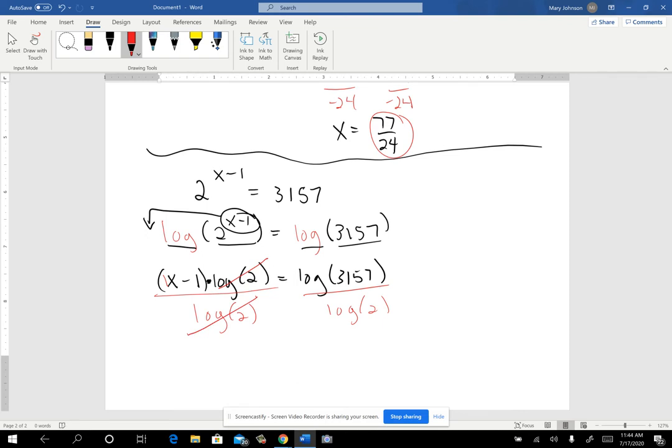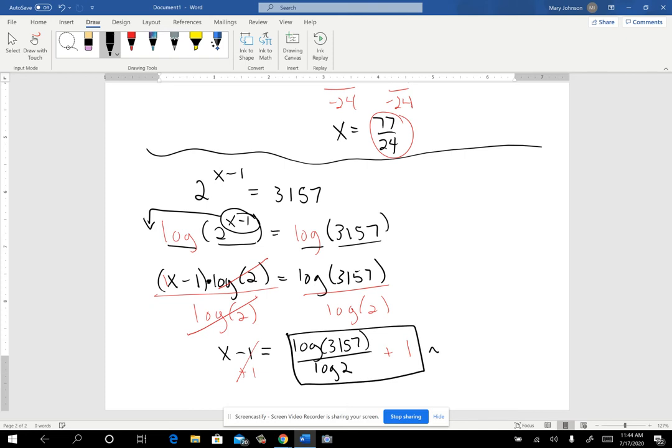You can't just do that. So don't cancel those out individually. It's not the right thinking. So we get x minus 1 equals log of 3157 over the log of 2. And then to finish it, I'm going to need to add 1 to both sides. Okay? And then that'll give me my answer. So this would be my exact answer.